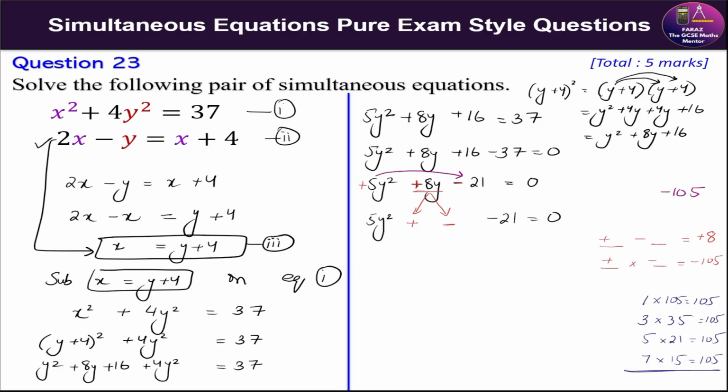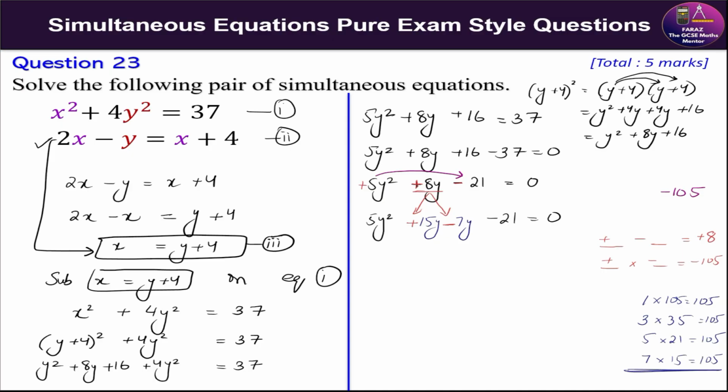So this combination will work for us, 7 and 15, but you have to write 15 with a plus sign and 7 with the negative sign, that is plus 15y minus 7y, because plus 15 minus 7 will give you plus 8. If you accidentally do this, that's plus 7y minus 15y, in that case you will get negative 8y there.